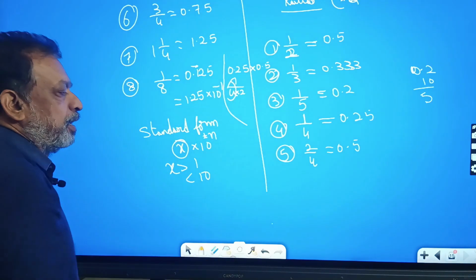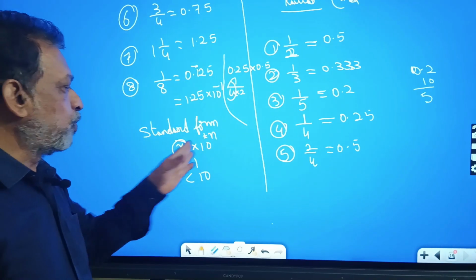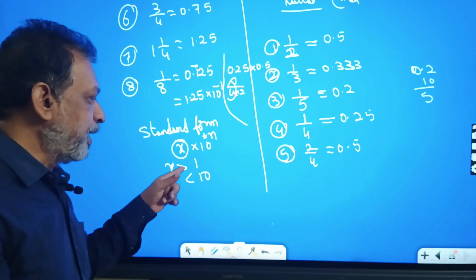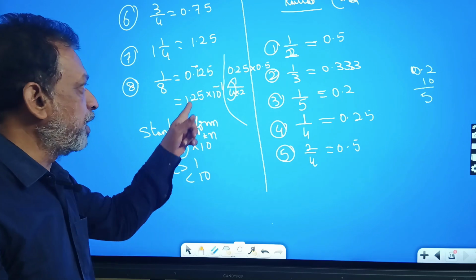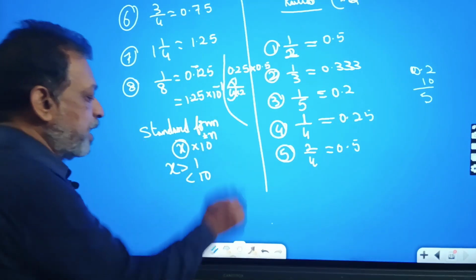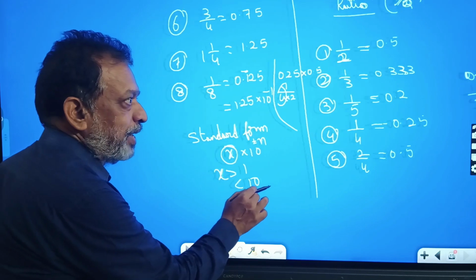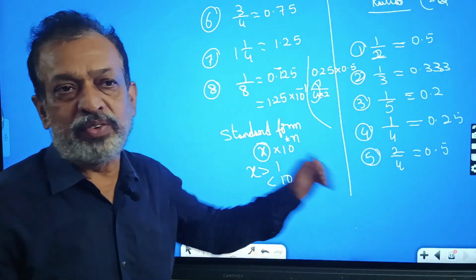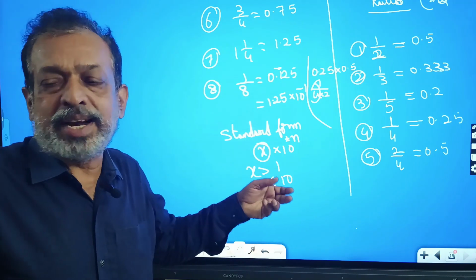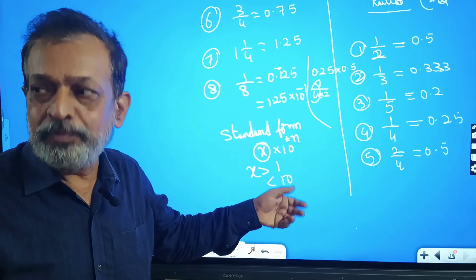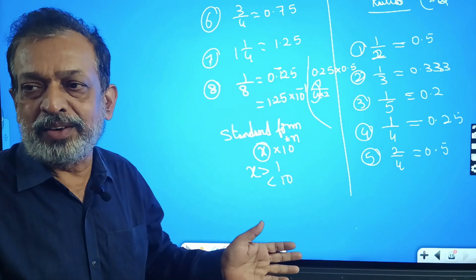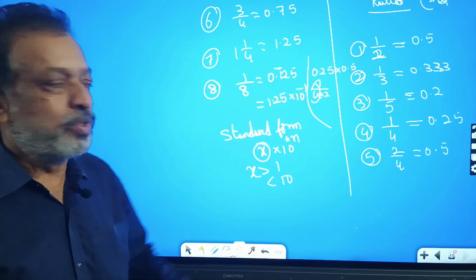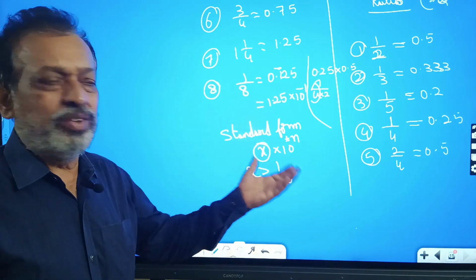So the coefficient, or that factor, will be greater than 1 and less than 10. You have to write it this way. Nowadays the answers are given in standard form, 99% of the time standard form only, though sometimes they simply write it otherwise.